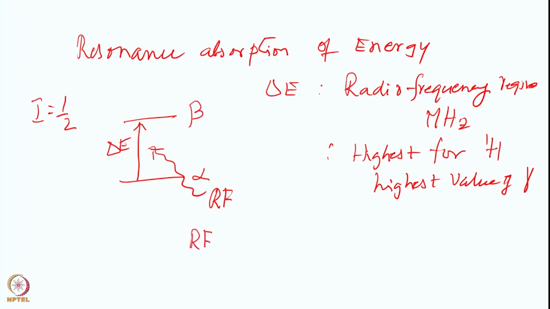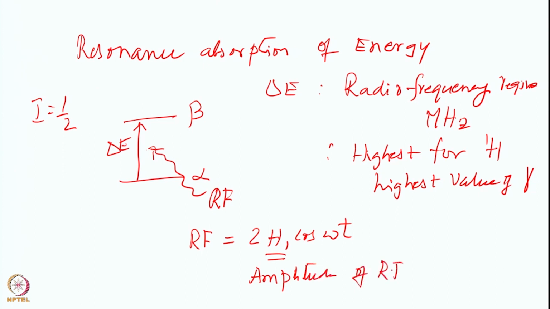RF is given by 2h1 cosine omega t, and this is the amplitude of RF, radio frequency, and this is the frequency. So, if this RF energy matches this energy separation delta E, then there will be maximum absorption.